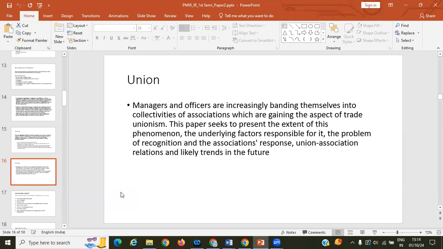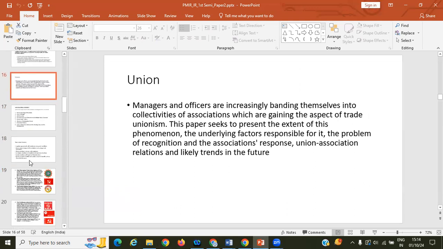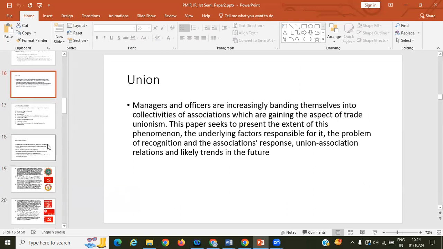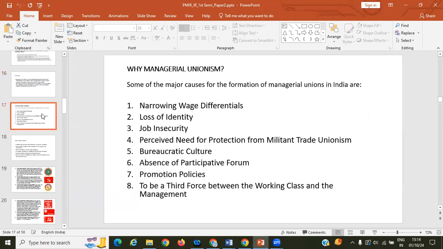We'll understand different types of unions. Here we have managerial unions. Why managers? In a big organization there will be many managers, and they also have unions. So why are managers forming a union, and what benefits are they getting?